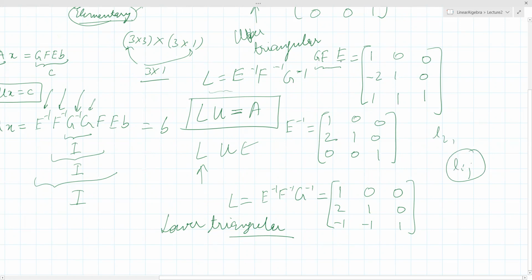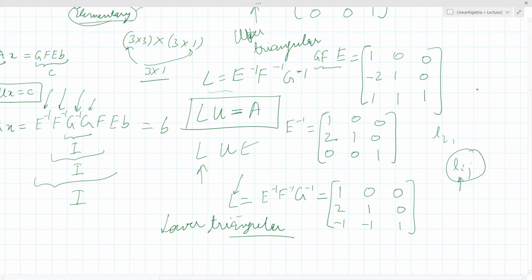The elements of E, G, F, or the product of G, F, and E contain minus Lij's, but L contains positive values of Lij's. Whatever your multiplication factor is, whether positive or negative, it stays as it is in L. Is that clear?